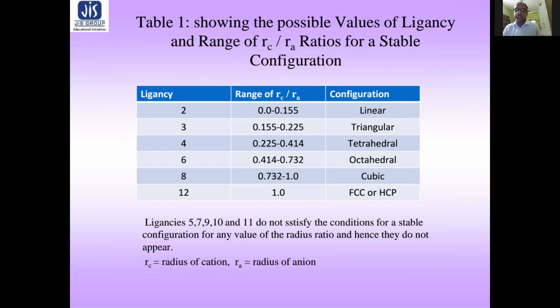Here the note is that ligancy 5, 7, 9, 10 and 11 do not satisfy the condition for a stable configuration for any value of the radius ratio, and hence they do not appear.